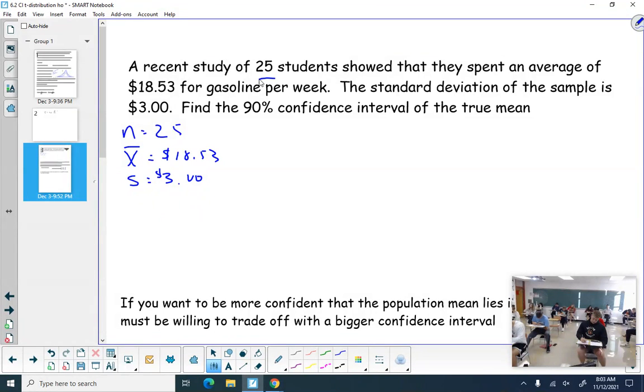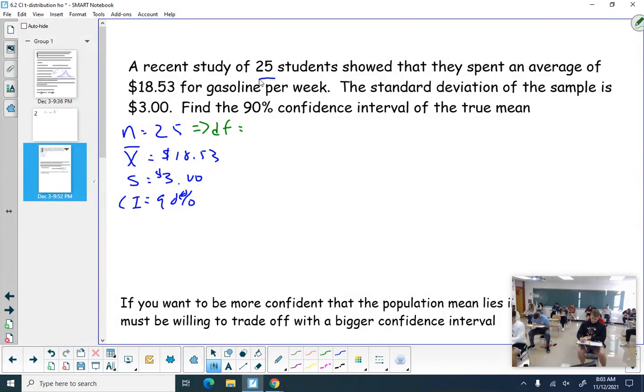Once again, this could be population or sample, it does not matter. And our confidence interval is 90%.